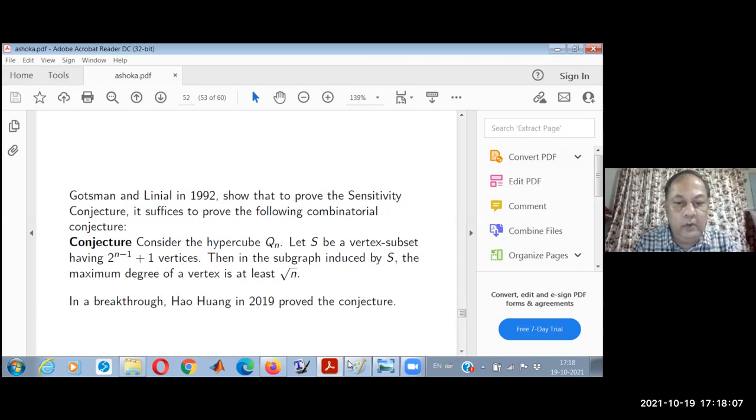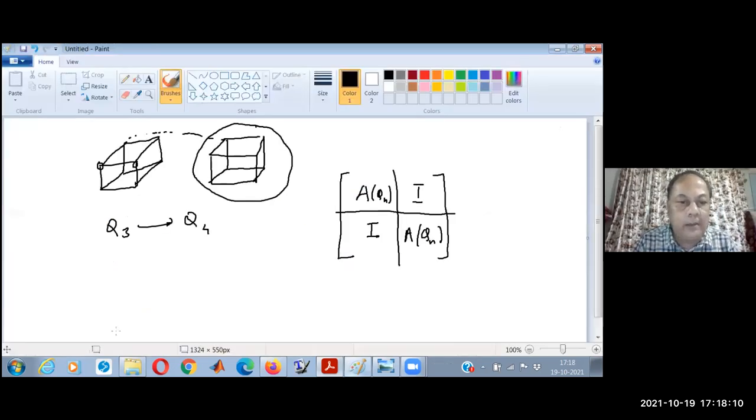It is very easy to explain, and very easy to see why it is true for the usual cube in 3 dimensions. Here is the cube. Because there are 8 vertices, I need to choose at least 5 vertices. Suppose I choose any 5 vertices, let's say 1, 2, 3, 4, 5, and take the subgraph induced by that.